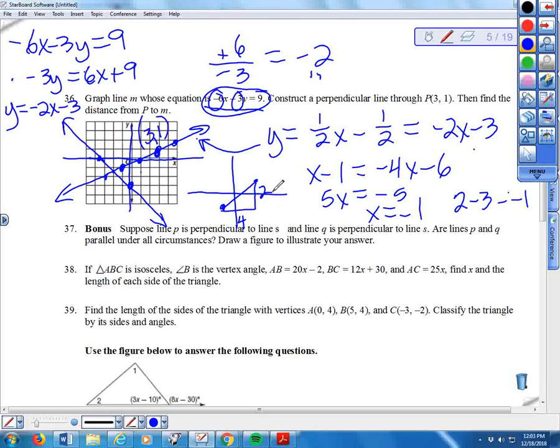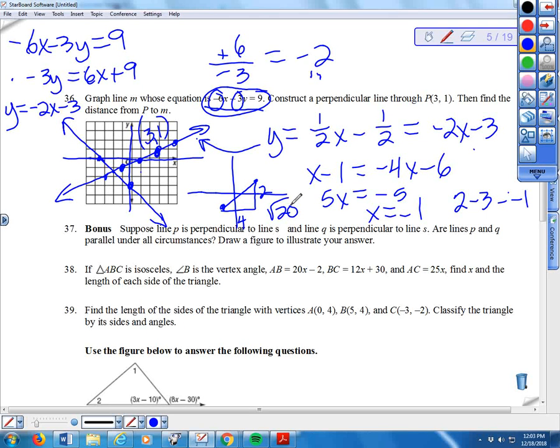So just use the Pythagorean theorem. 16 plus 4 is the square root of 20. So the distance between those 2 points is the square root of 20. You could simplify that by taking the square root of 4 out and making it 2 square roots of 5, but I would accept square root of 20 at this point.